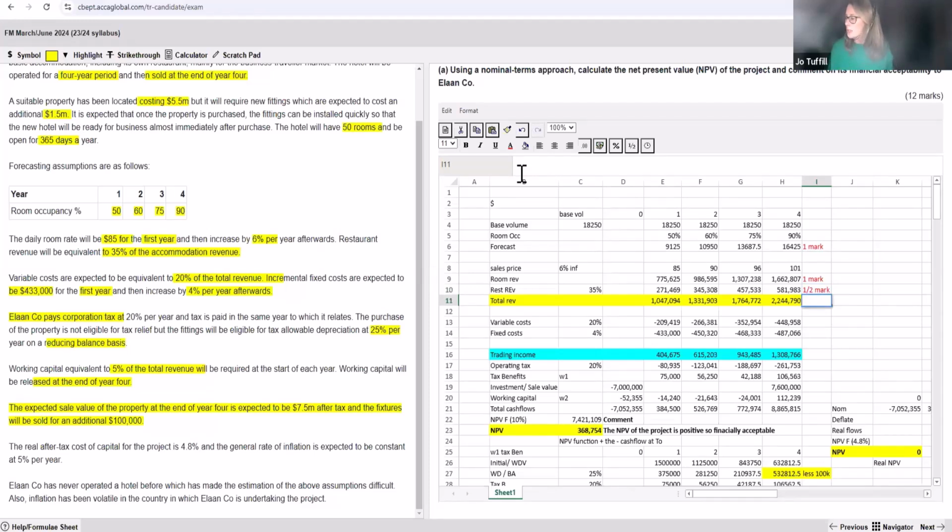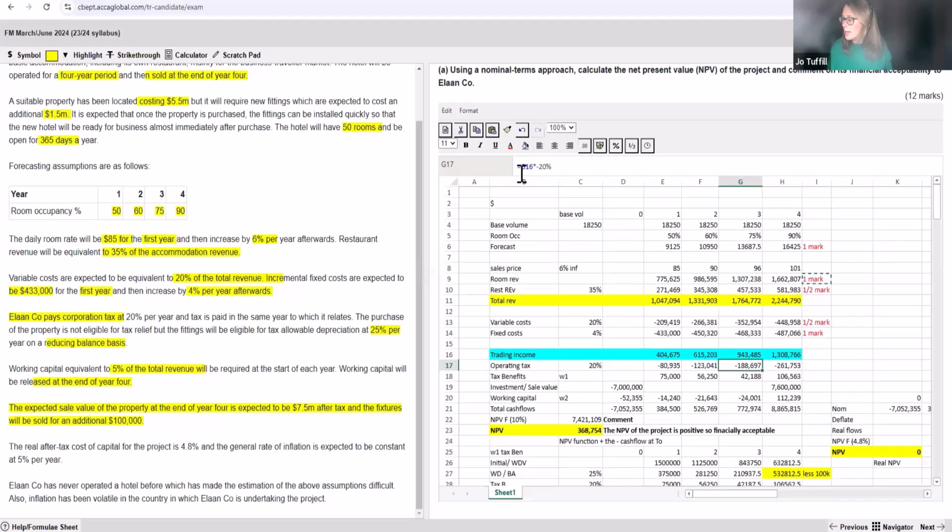Variable costs is also half a mark because it's not very much to do that. And fixed costs is 1 mark. So you can see how you're building these up. And these are all own figure rule marks, aren't they? The restaurant revenue and the room revenue, and obviously the variable cost revenue. So if you get it wrong up here, the forecast, then everything else is a follow through.